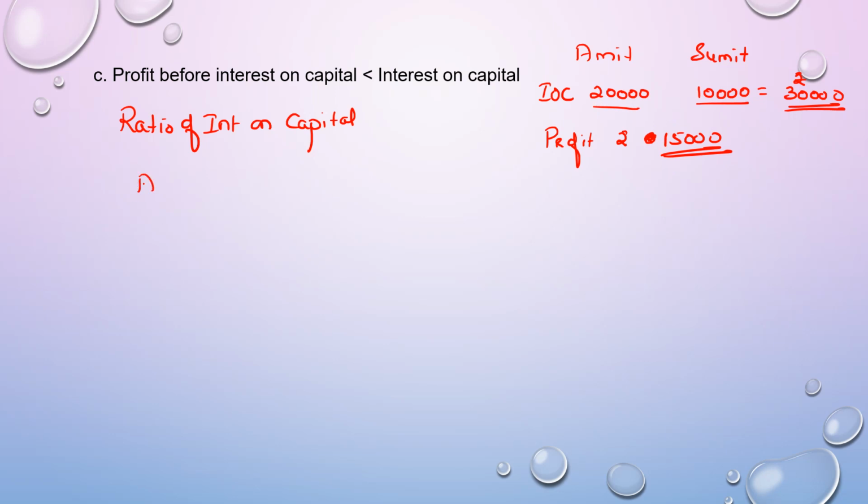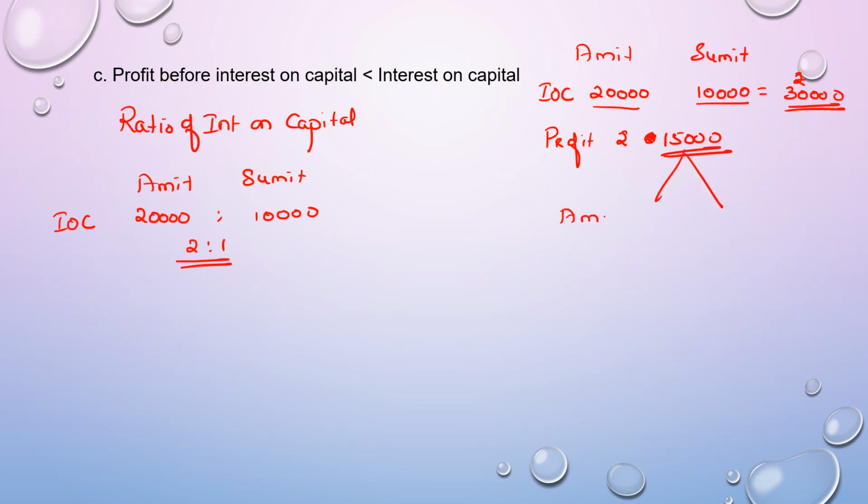So here Amit has interest on capital of 20,000 and Sumit has interest on capital of 10,000. That is what they were entitled to as per the agreement as provided in the partnership deed. So find the ratio, it is 2:1. And therefore in this ratio of interest on capital, you would divide this 15,000.